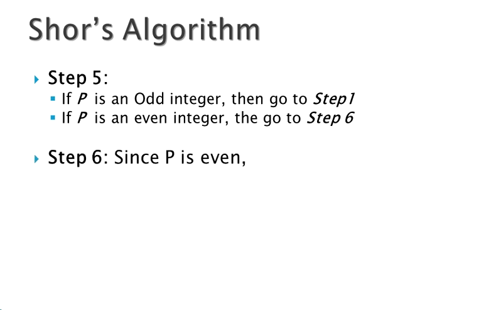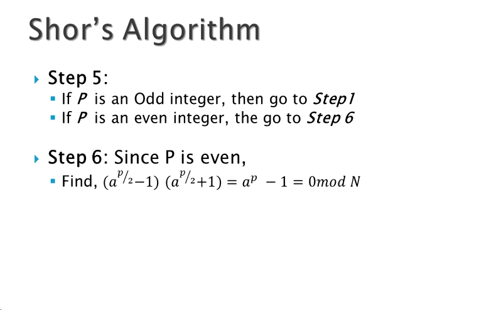Since p is even, in this step we have to compute this expression: a^(p/2) - 1 times a^(p/2) + 1, which equals a^p - 1, which equals 0 mod n.